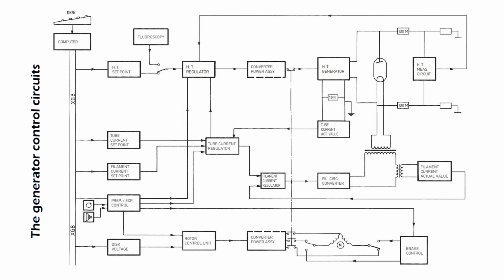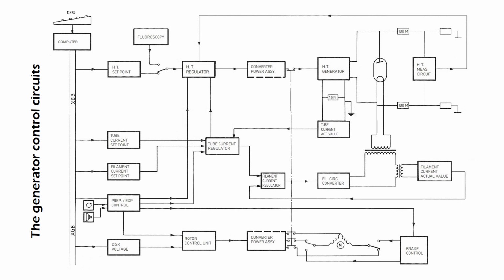Now the filament current set point for the expected filament current of the exposure is delivered. The feedback from the filament current actual value ensures that this filament current is available. The tube current set point is passed on to the HT regulator. It is required for adjusting the working point of the converter power assembly.